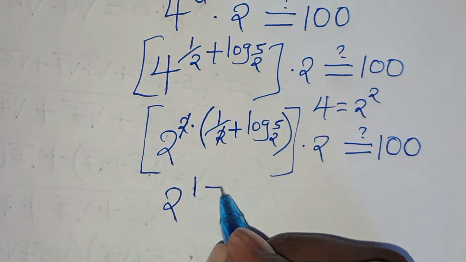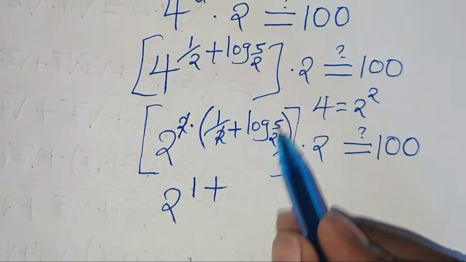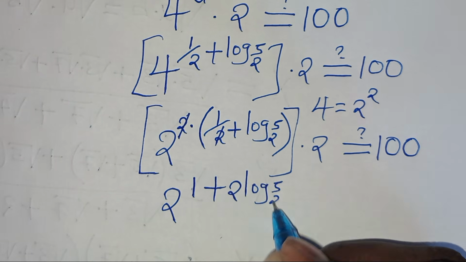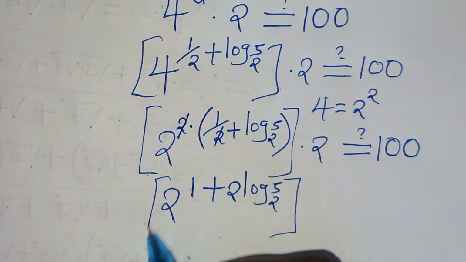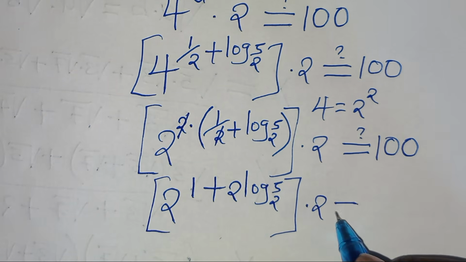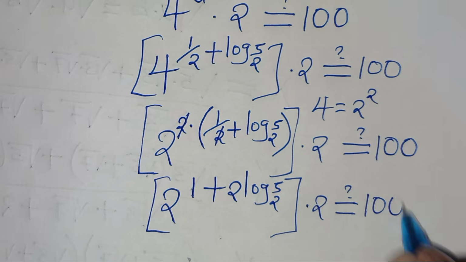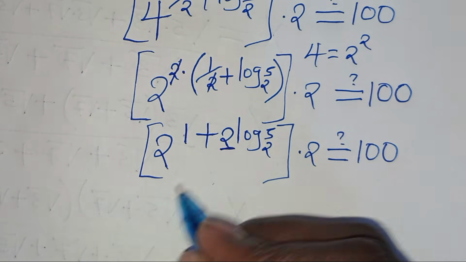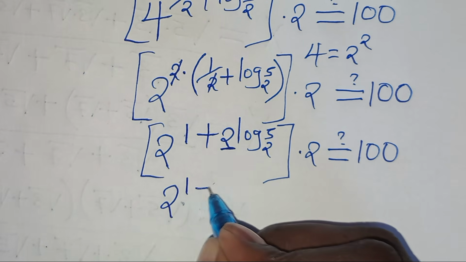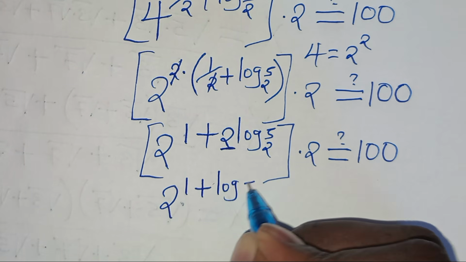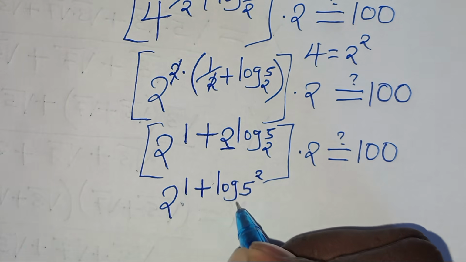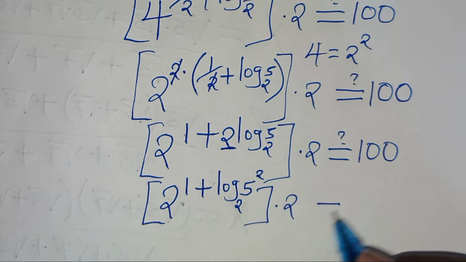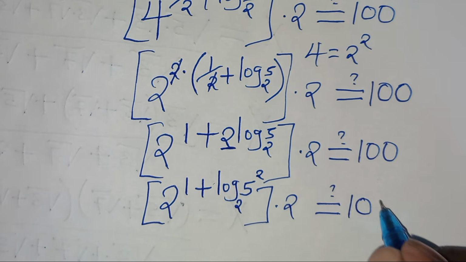So we have 1 plus 2 times log 5 to base 2. This means we have 2 log 5 to base 2 multiplied by 2. This should give us a value of 100. Now, since 2 is a power, we can express this as 2 to the power of 1 plus log 5 to the power of 2 to base 2 multiplied by 2. They should give us a value of 100.